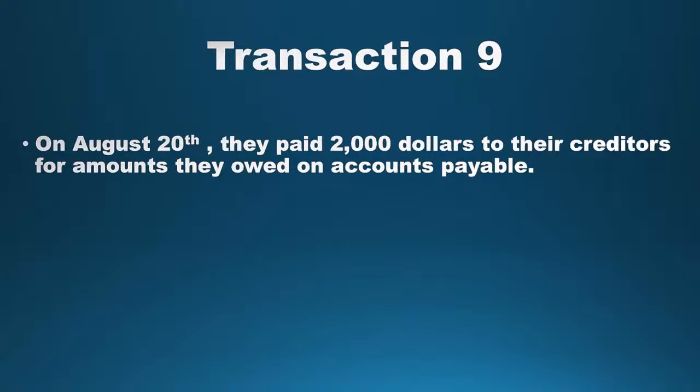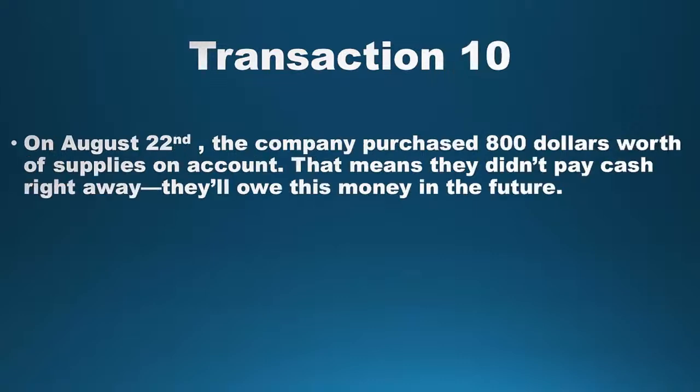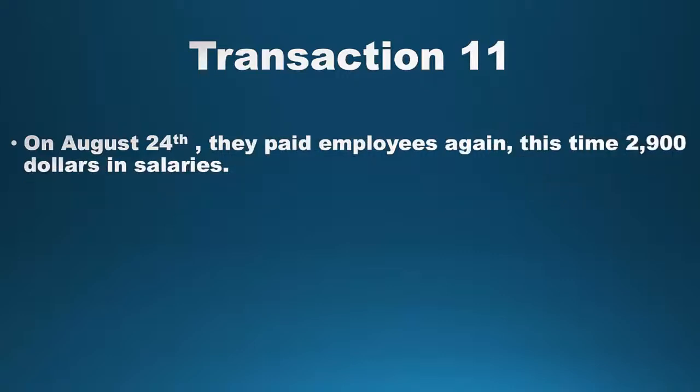9. On August 20th, they paid $2,000 to their creditors for amounts they owed on accounts payable. 10. On August 22nd, the company purchased $800 worth of supplies on account. That means they didn't pay cash right away. They'll owe this money in the future. 11.